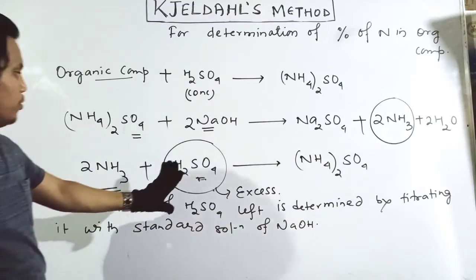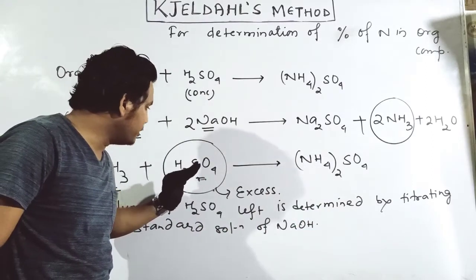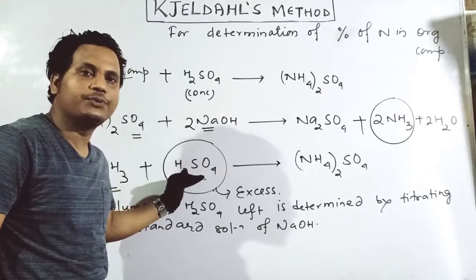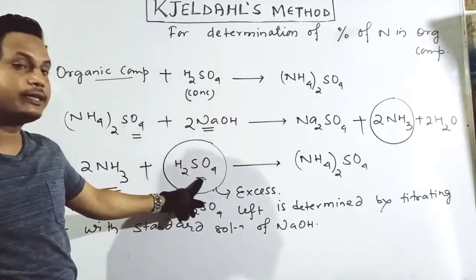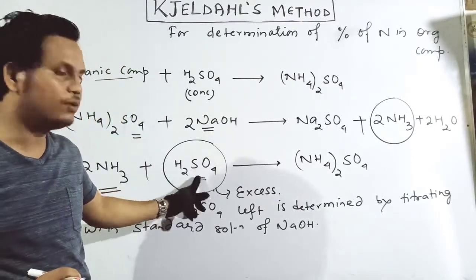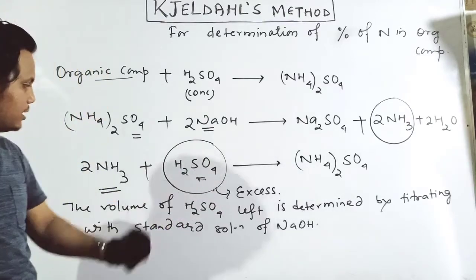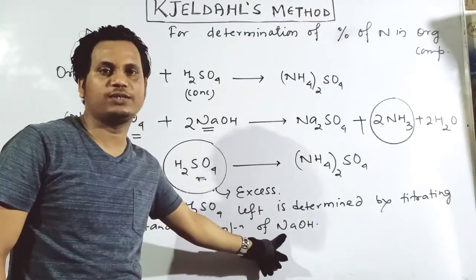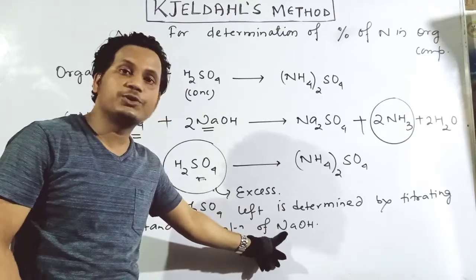So for determining the remaining part of the sulfuric acid, we will titrate it against sodium hydroxide, which is a base.